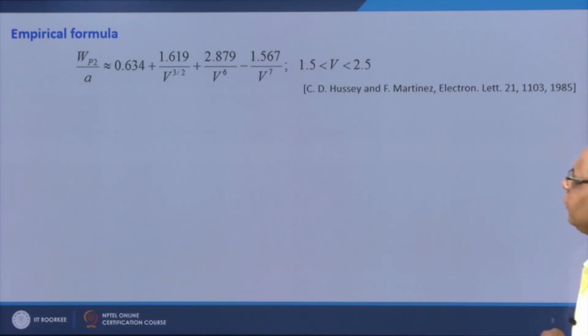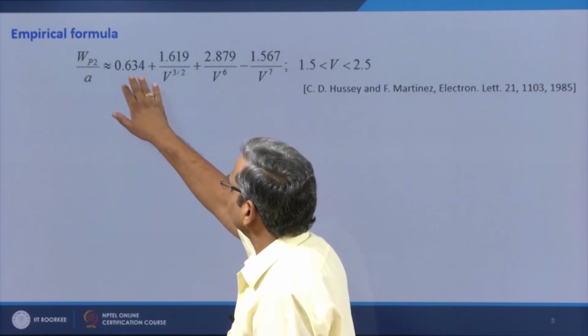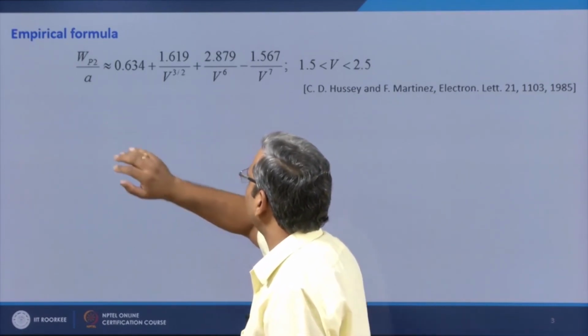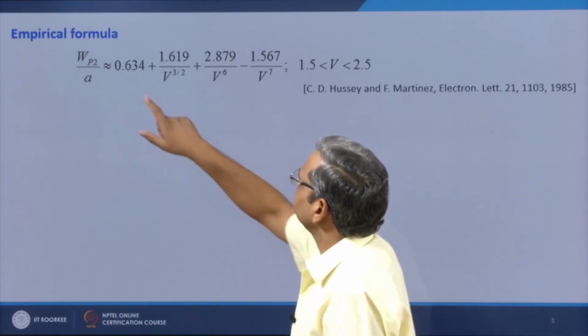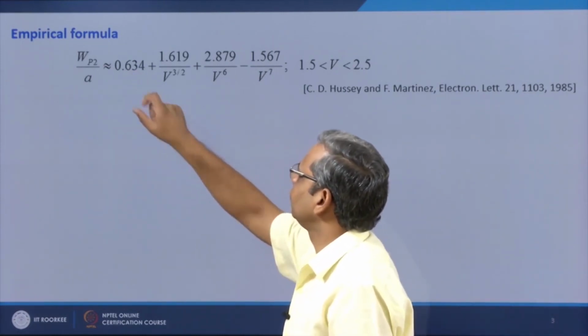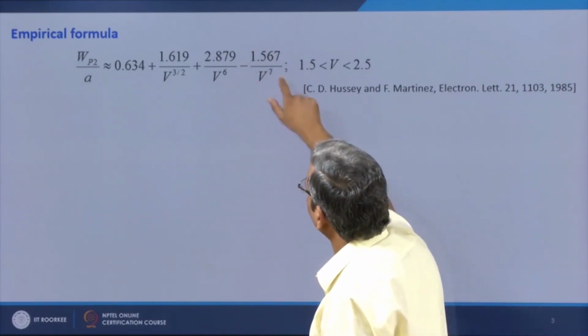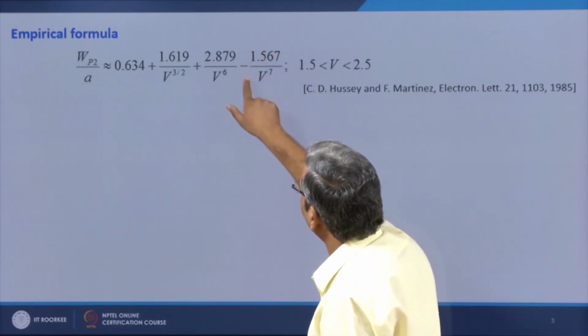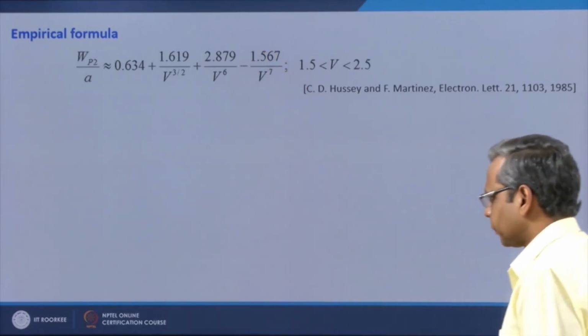If I compare it with the Gaussian spot size, then in the case of Gaussian this term was 0.65 and this term was not there. So, I am reducing this term from 0.65 to 0.634, and further I am reducing the spot size by this much amount.